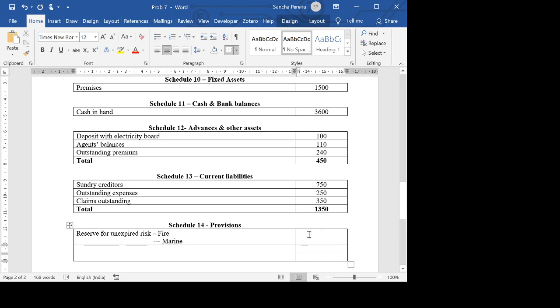Fire that is given is 1,600 and marine is 1,000. So the total reserve comes to 3,000.